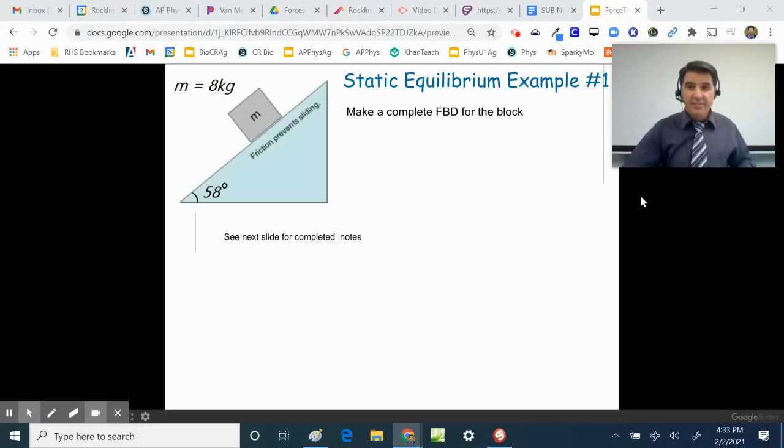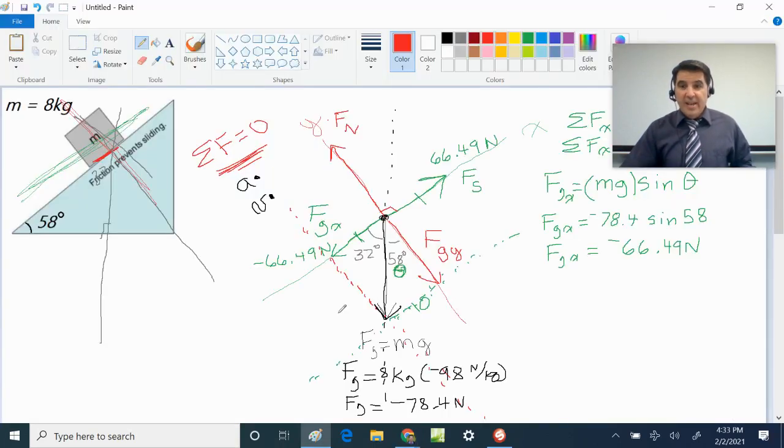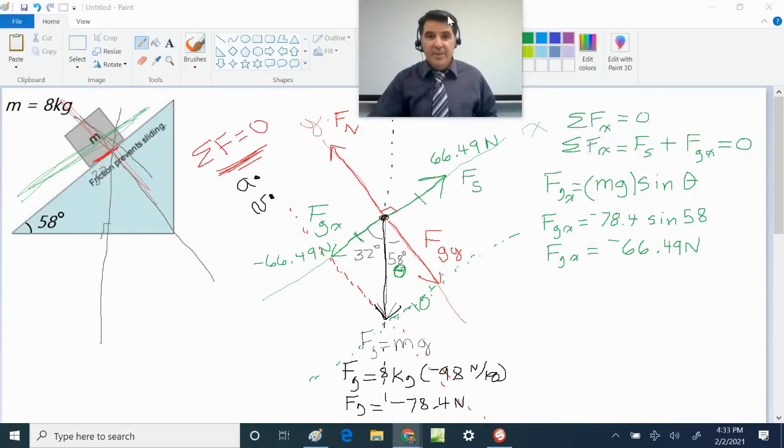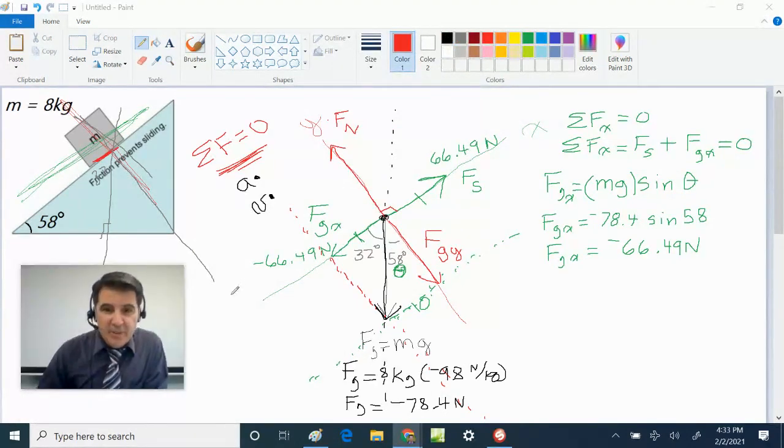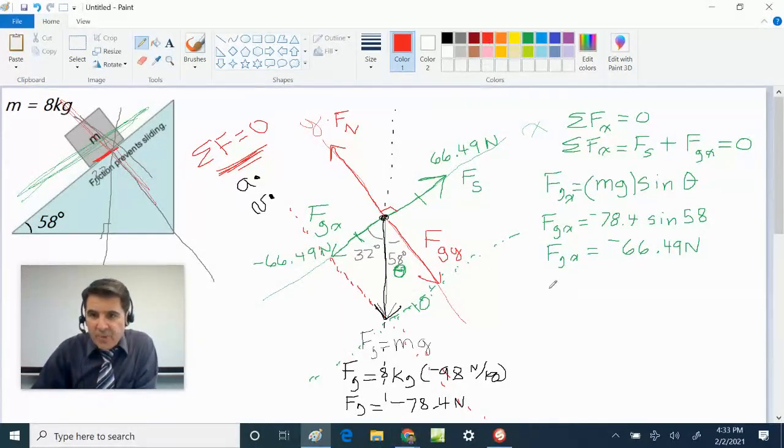Okay, let's finish this off. So we found FG. We found FGX. Now we're going to find FGY. FGY is going to be equal to the same idea.